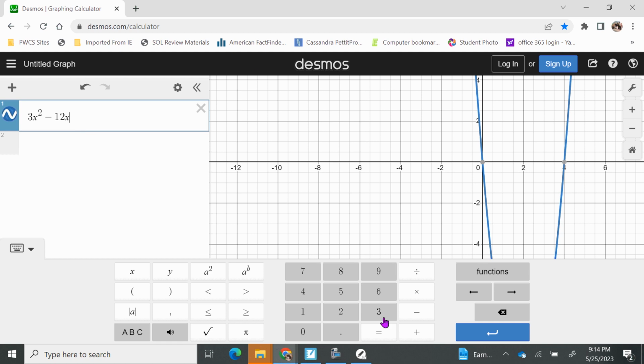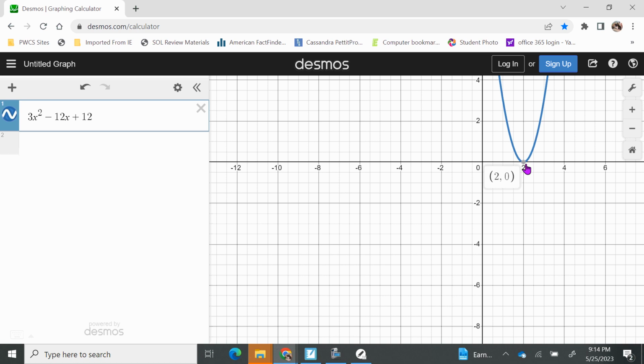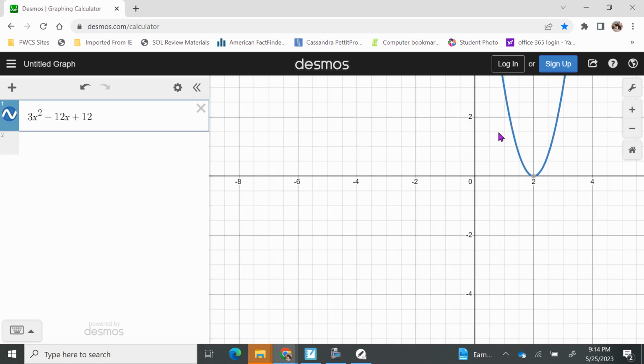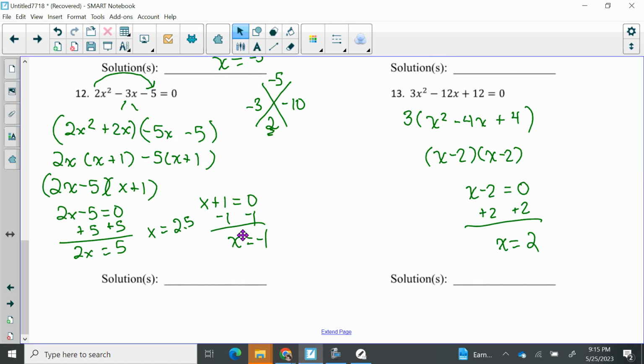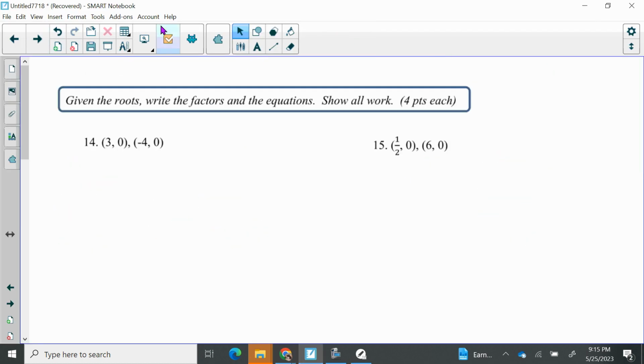And then plus 12. Okay, so if you notice right here, there's only one solution, right? Where it hits at x equals 2. All right, the other ones will have 2 solutions if I have 2 zeros. Okay, it'll cross the x-axis twice. All right. Okay, so that's the next one.